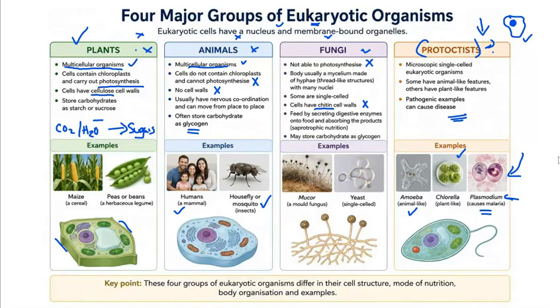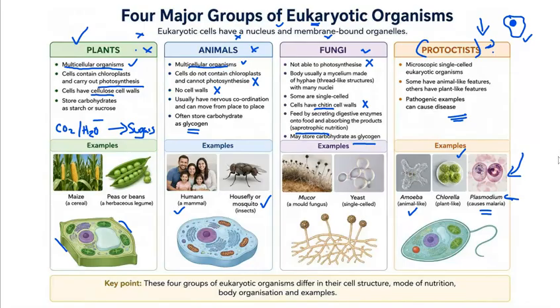Fungal cells cannot photosynthesize, and so they have to obtain their nutrients from other living things, and they characteristically do so by breaking down those things with digestive enzymes in the process that we would call decomposition, and they are called saprotrophs. Like animal cells, they store carbohydrate as glycogen.